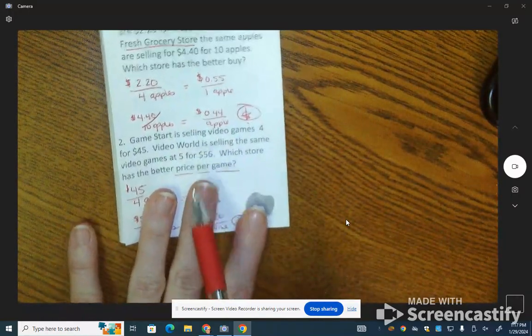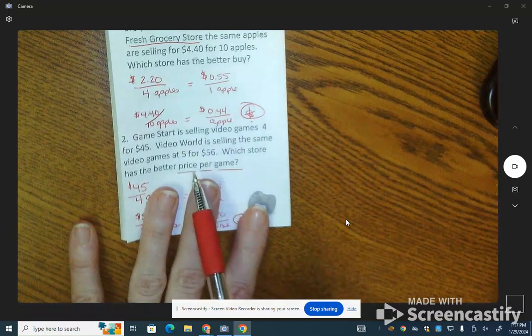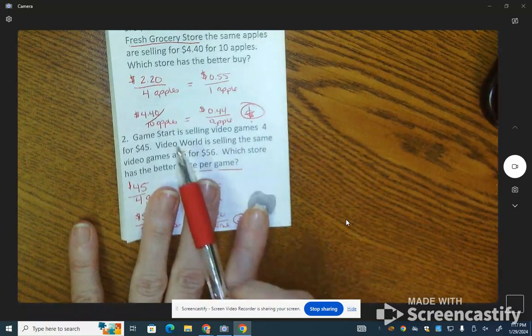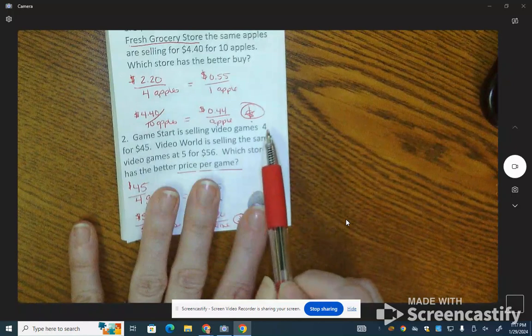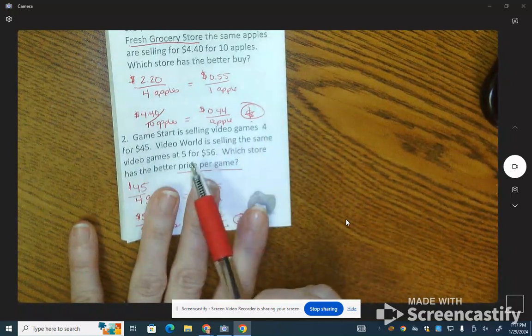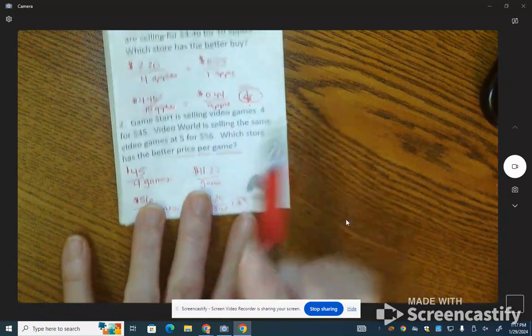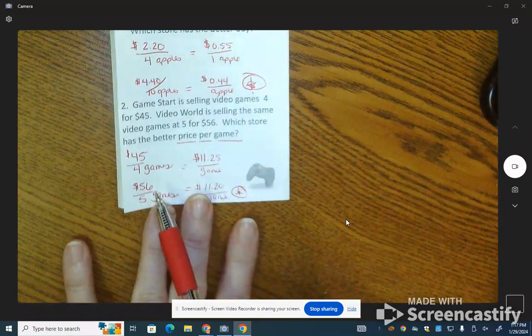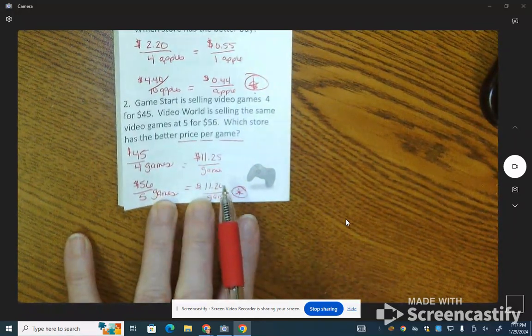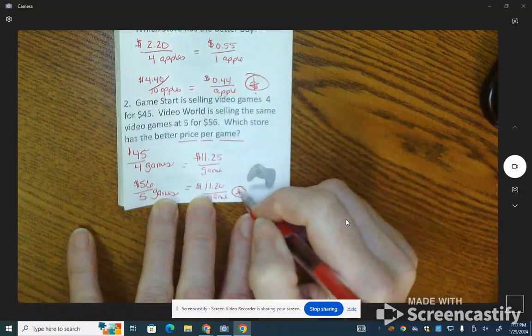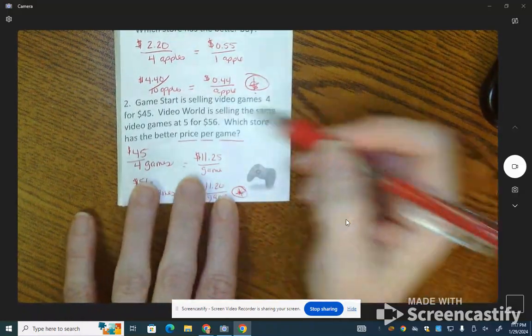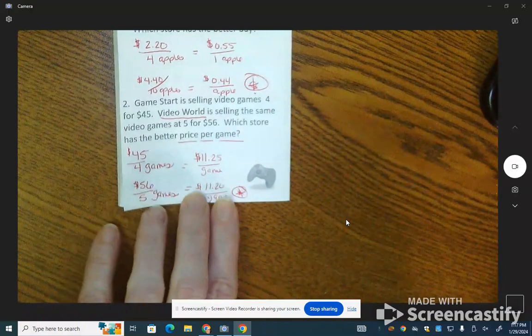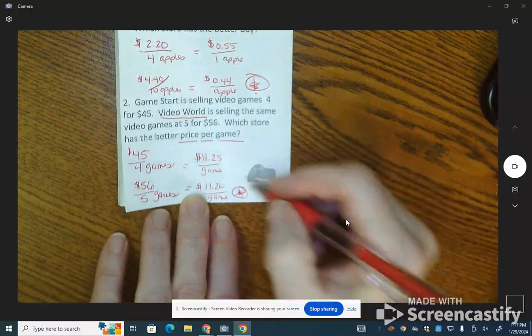Now, this one's a little bit tricky because in the very last sentence, it tells you price per game. So I need $45 for 4 games compared to $56 for 5 games. So $45 for 4 games is $11.25 a game. $56 for 5 games is $11.20 per game. And again, the second one, Video World, is going to be the better buy or the cheaper price.